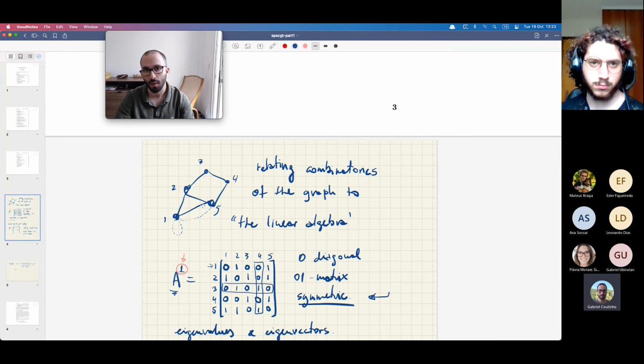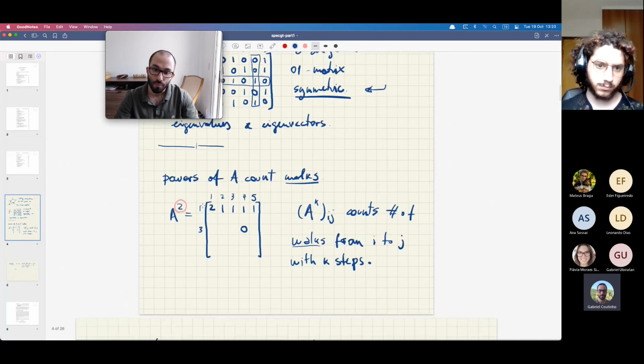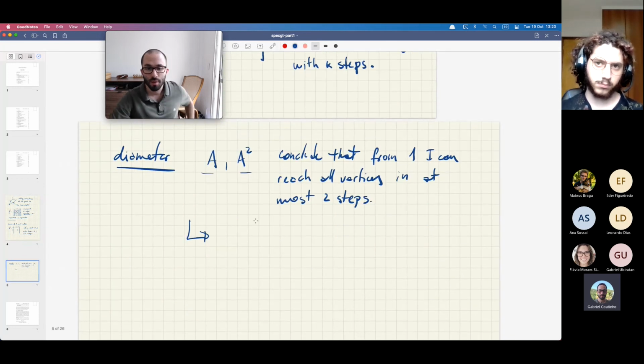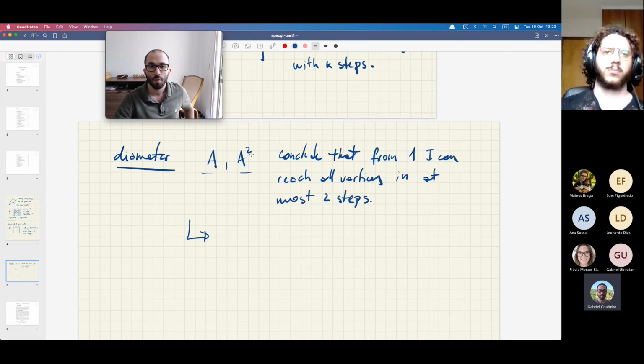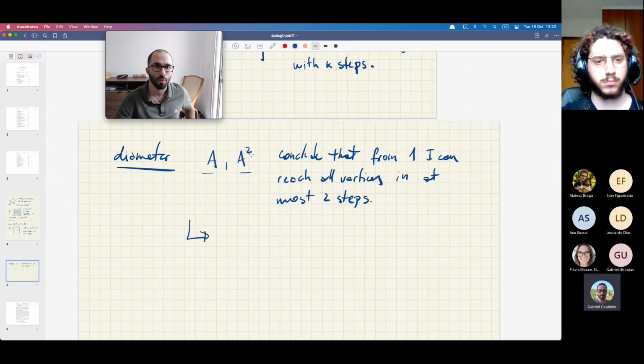So by looking at the entries of the adjacency matrix which are different than 0, I can determine the distance from any vertex to any vertex of the graph. I can determine the diameter of the graph, for example. So the diameter of the graph is the largest number for which there will still be one entry that has never been different than 0 in all previous powers of the adjacency matrix.